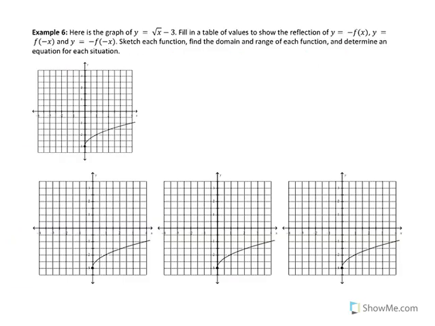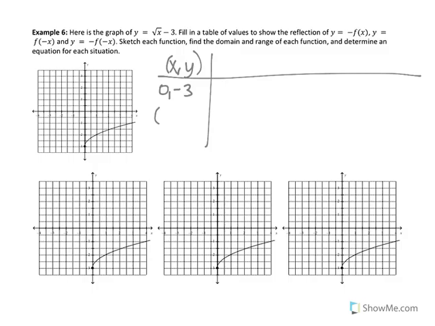Alright, here's the function y equals the square root of x minus 3. Fill in a table of values and show the reflections. And it has each of the types of reflections. So let's make a table of values. So we've got the point 0 and negative 3.